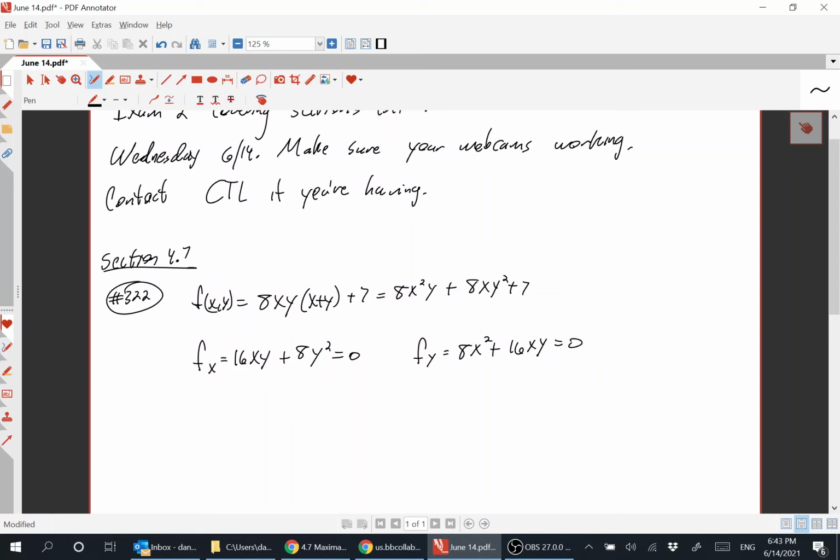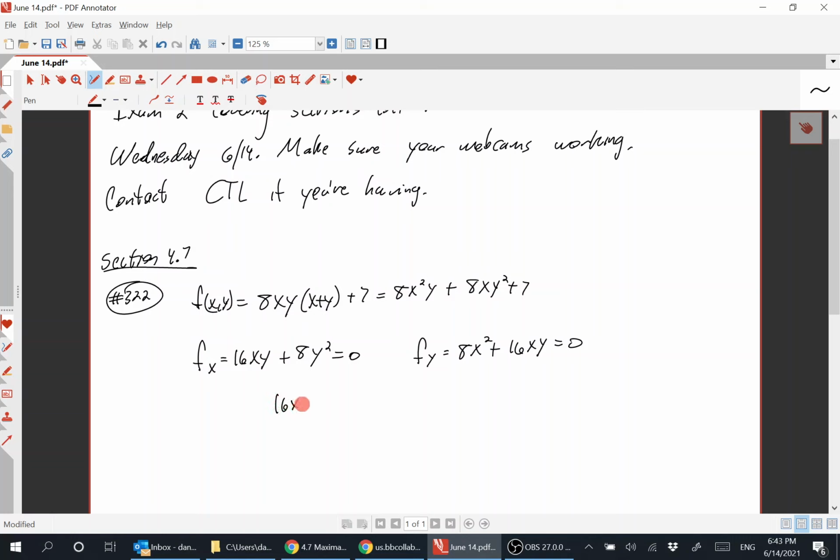So, these are symmetric functions, so we can expect the symmetry with x and y, so we can expect that the critical points are going to have equal x and y coordinates or something like that. All right, so we can solve for x in the first equation.